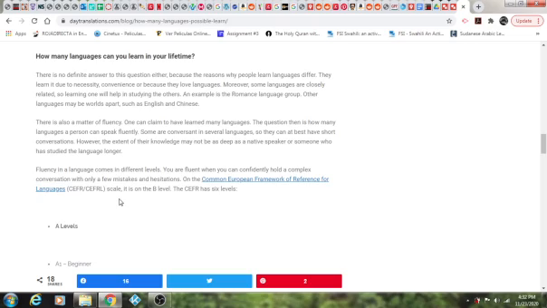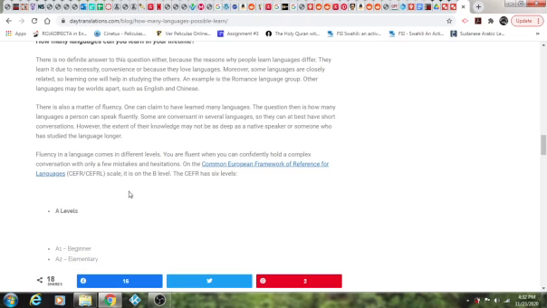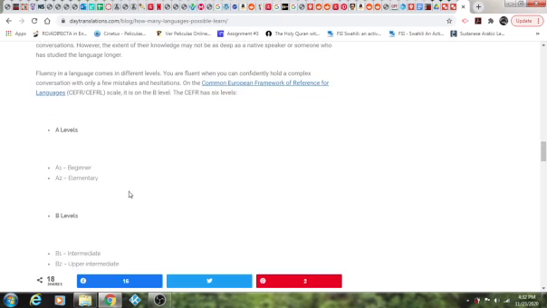So, where does fluency start? Well, according to this, it starts on the B level. I've actually seen somewhere else that technically B2 is where fluency starts. So keep that in mind.